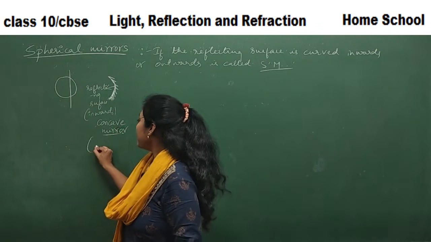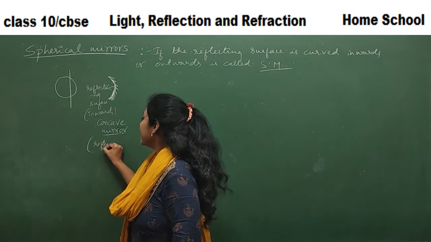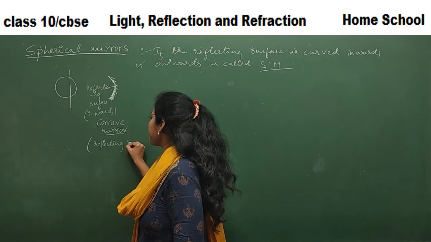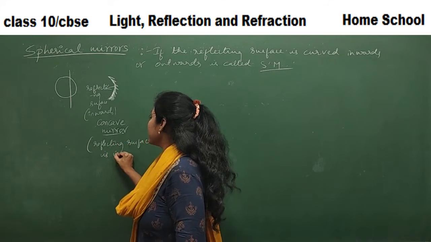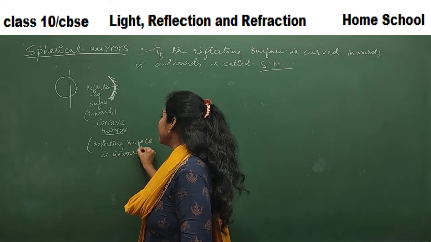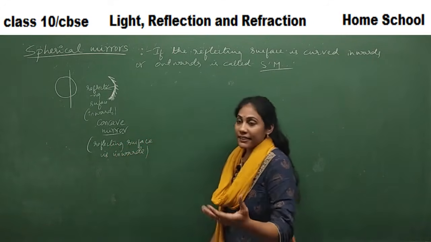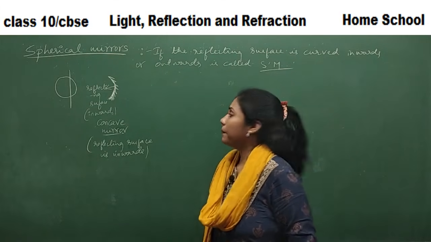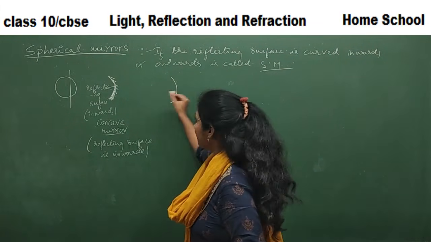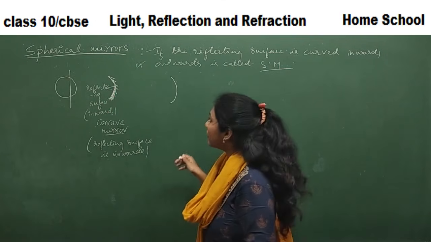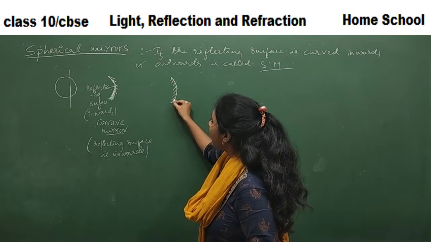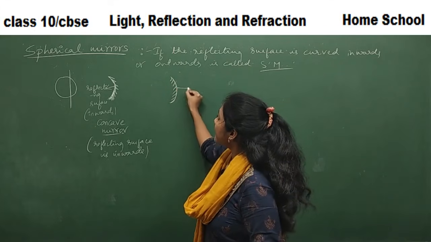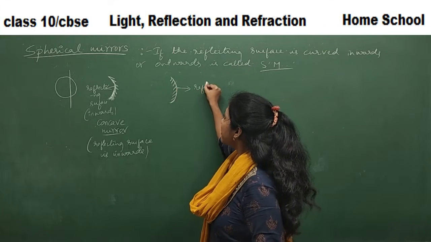So what is a concave mirror? The reflecting surface is inwards, that means it is curved inward. Clear? Now the same cut part, if I polish the inner part, then this becomes my reflecting surface.